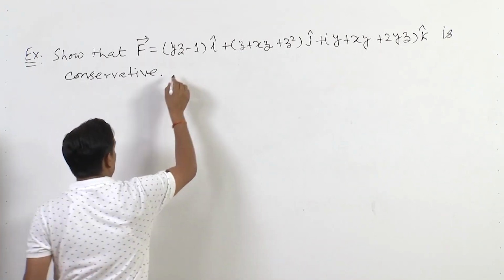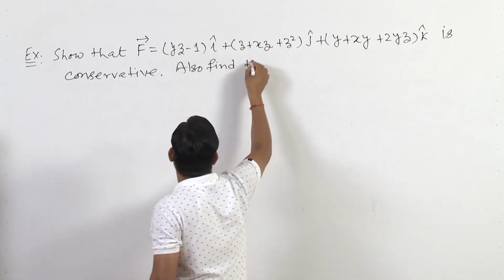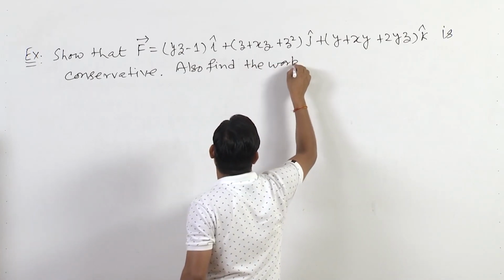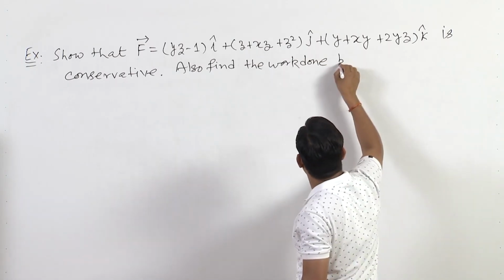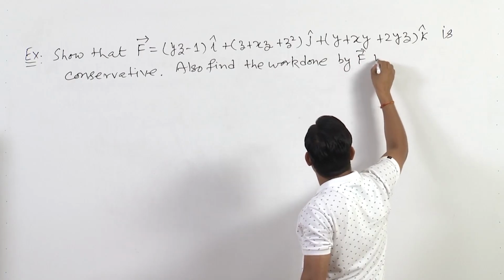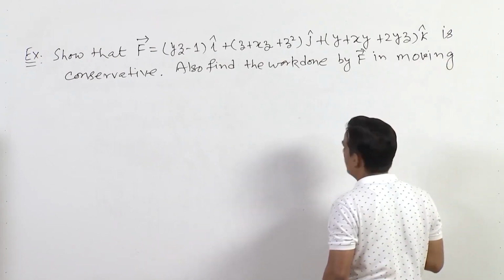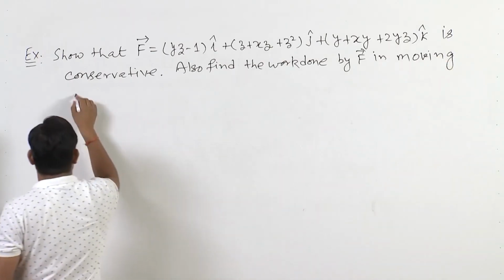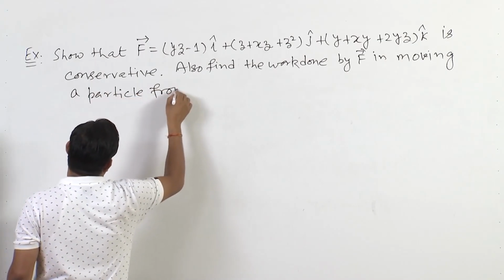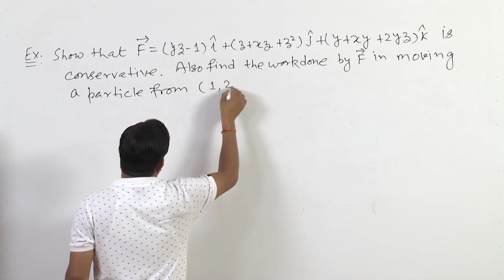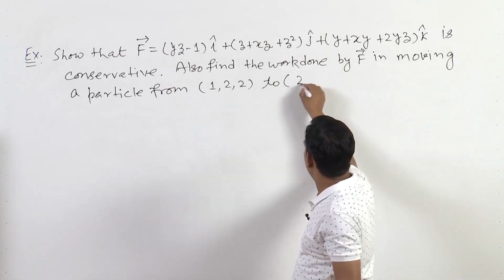Also find the work done by F in moving a particle from 1 2 2 to 2 3 4.